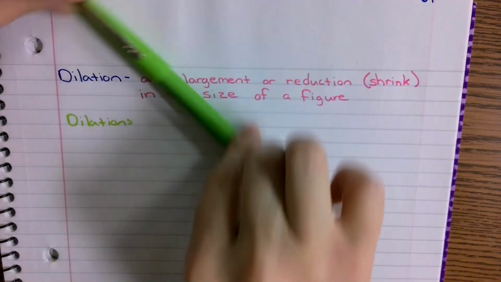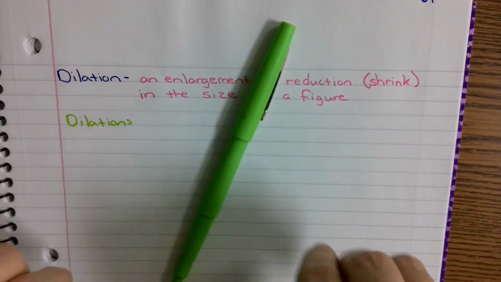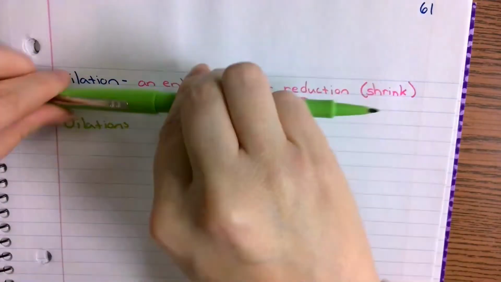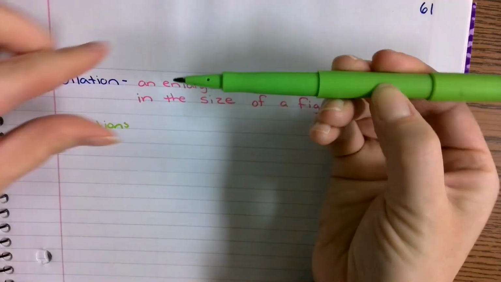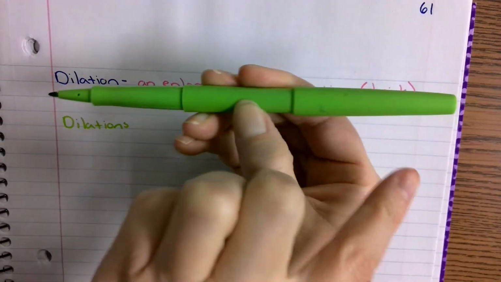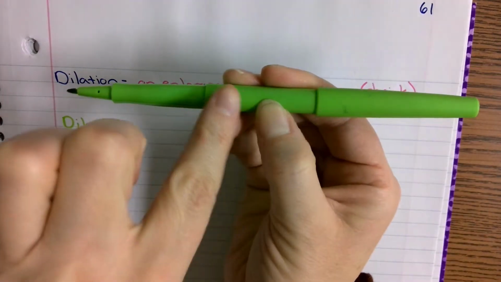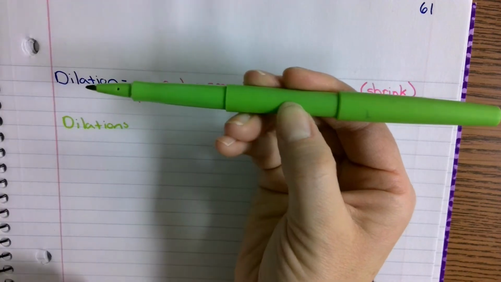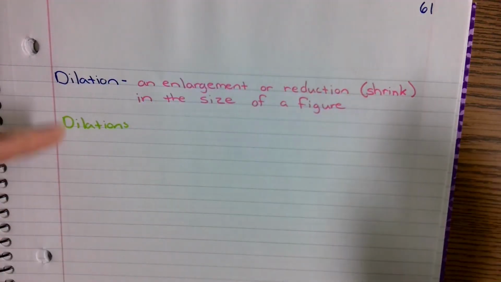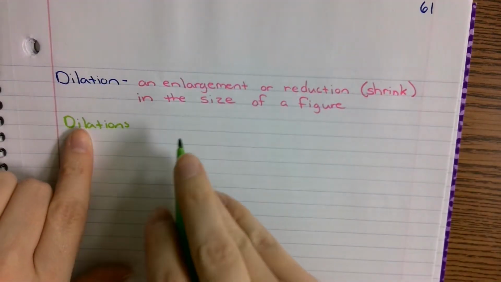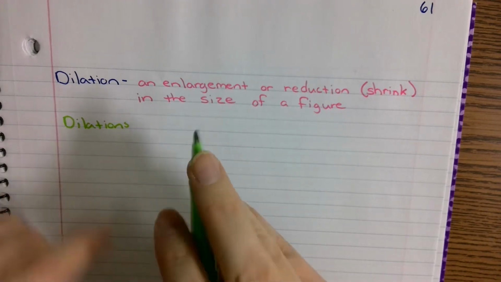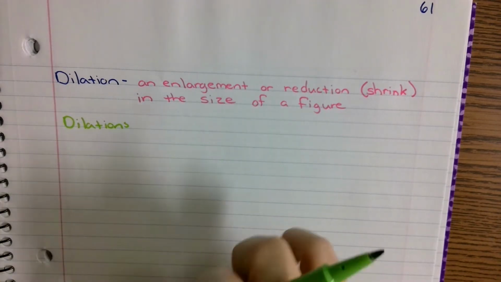Whereas a rotation is going to change the direction that it's pointing. A reflection, if I do a reflection this way, it's going to change what originally was showing. It's going to be in a reverse position. So those things change orientation, but they all three preserve the size, right? Not a single one of those ever change the size.